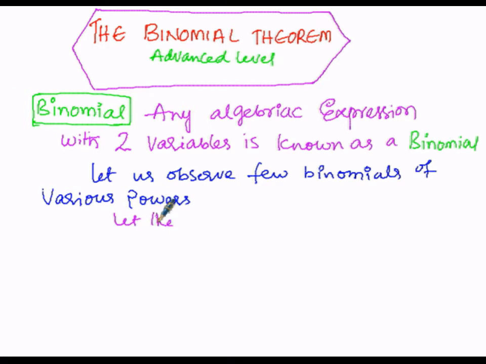Let the binomial be, so here we are going to assume the binomial as x plus y, in which the first term is x and the second term is y, with coefficients as 1 and 1.